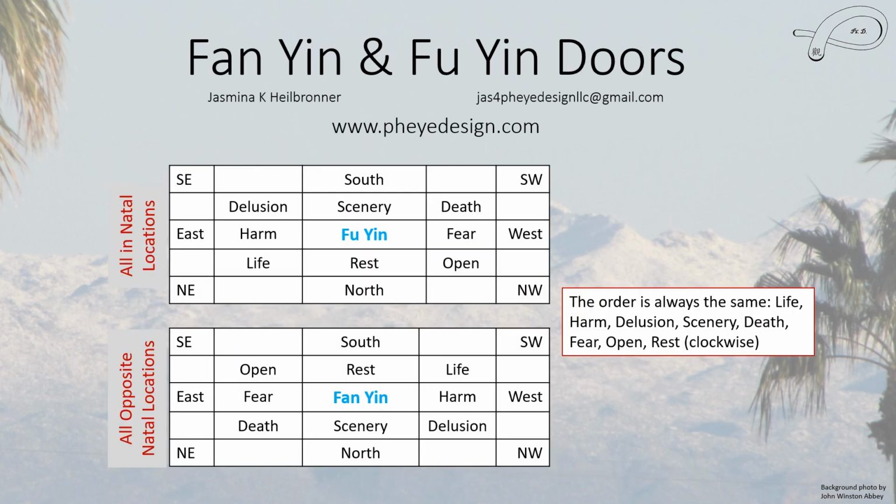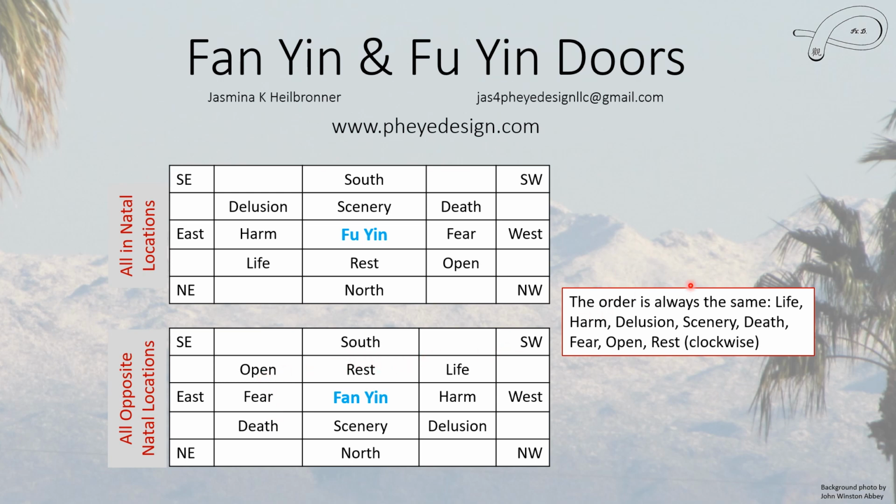So here's the charts I promised. This is for the doors. This is the natal location of the doors. And the order, whether you're in a Fanyin or a Fuyin, is always the same. If we start with life, it's harm, delusion. You can see it here. So life, harm, delusion, scenery, death, fear, open, rest. Here's life, harm, delusion, scenery, death, fear, open, rest.